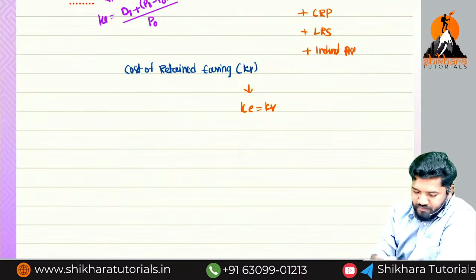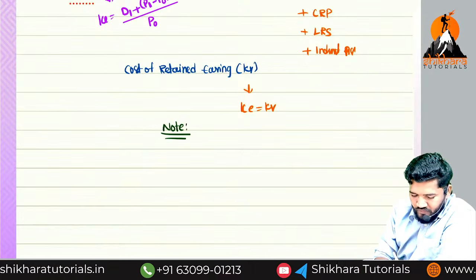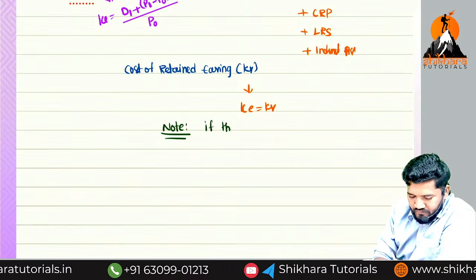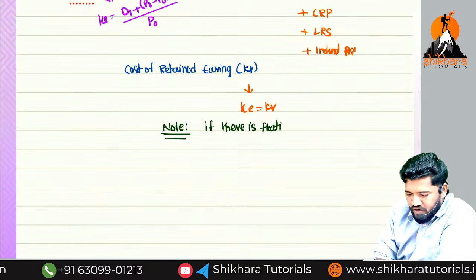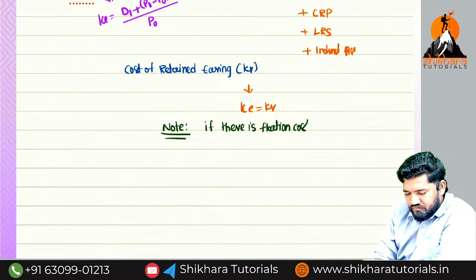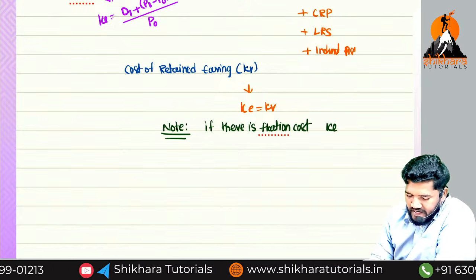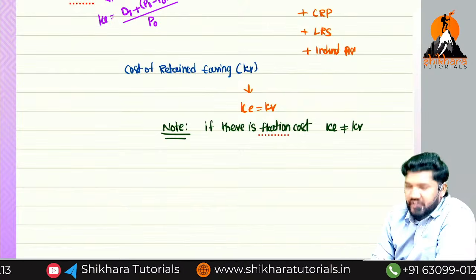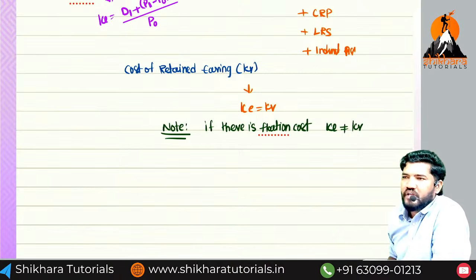But there is a note point. If there is a flotation cost, KE does not equal KR. At that time you have to calculate separately. Clear?